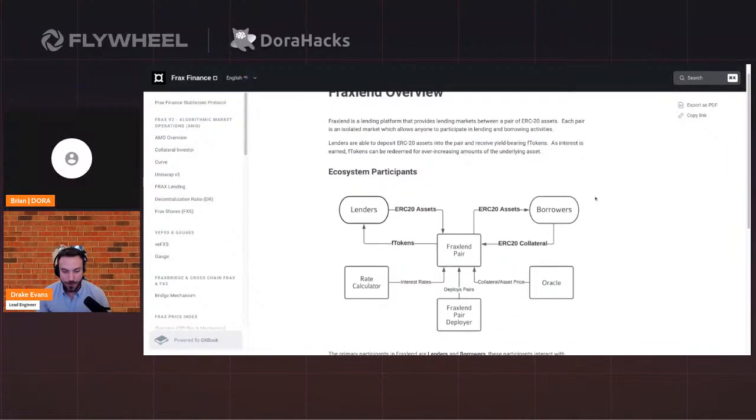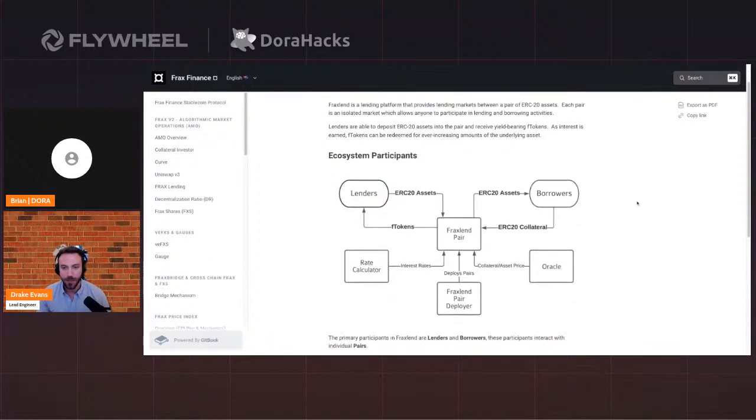So this provides a nice overview of the ecosystem participants for a typical FraxLend pair. There's obviously borrowers and lenders, and there's a few other contracts that a pair might interact with. The first is the Oracle, which primarily provides the pair with price data about the asset and collateral.